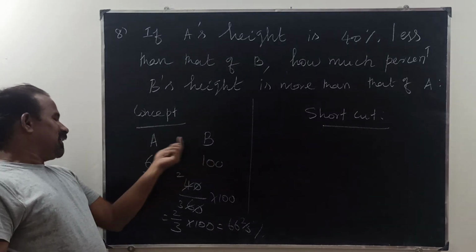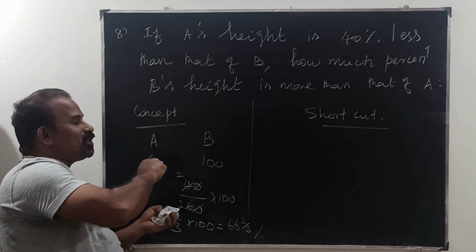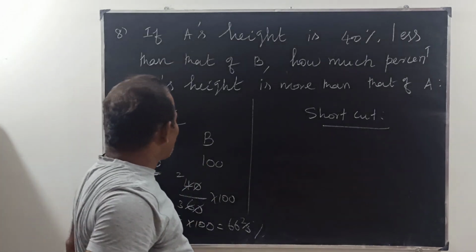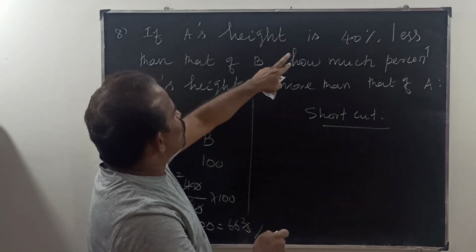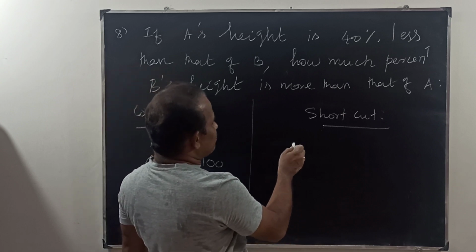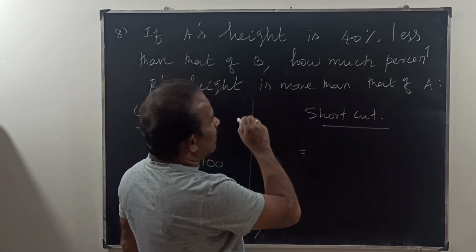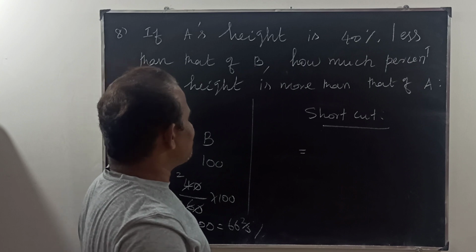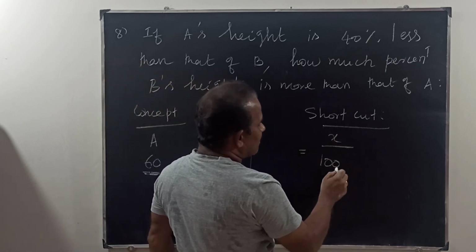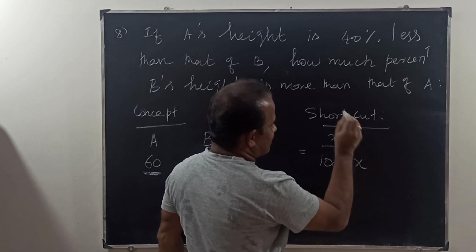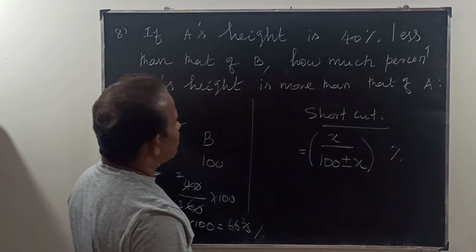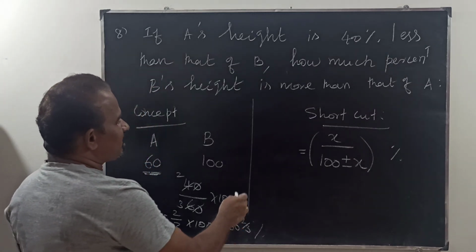A is 40% less than this. B is how much percentage greater than this? Shortcut I am going to give. Suppose 40% is less than this, then either greater than or less than is nothing but x divided by 100 plus or minus x percentage.